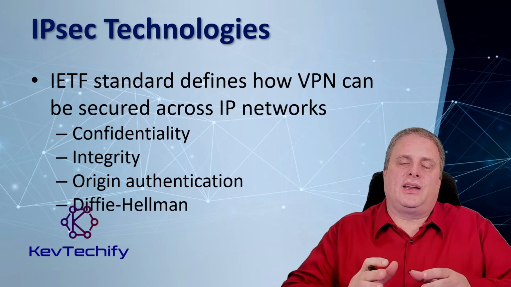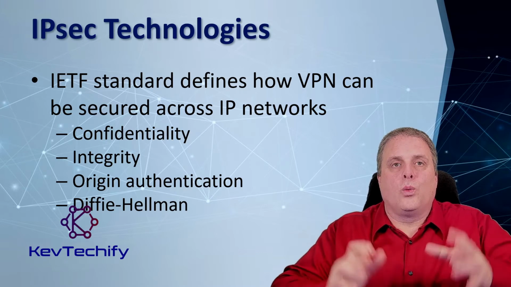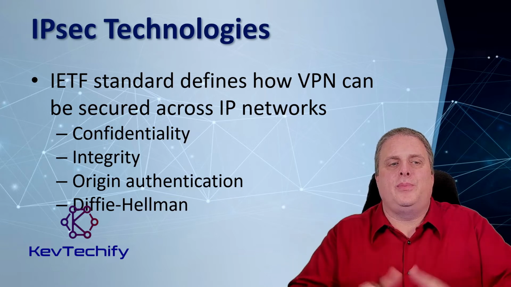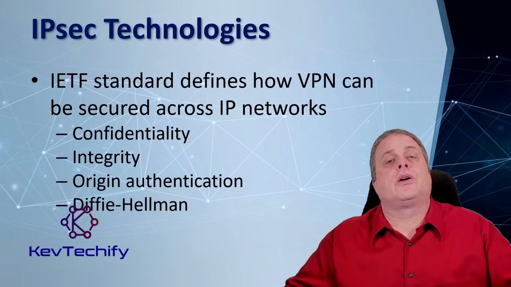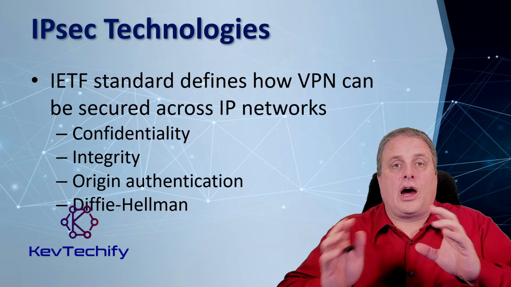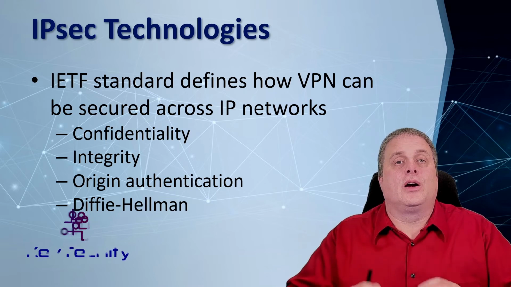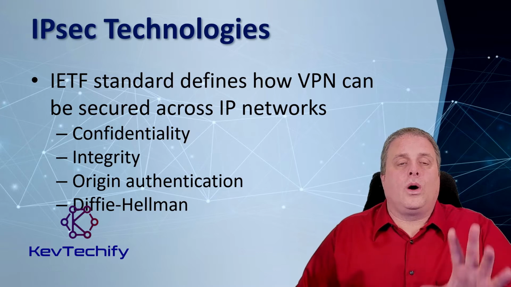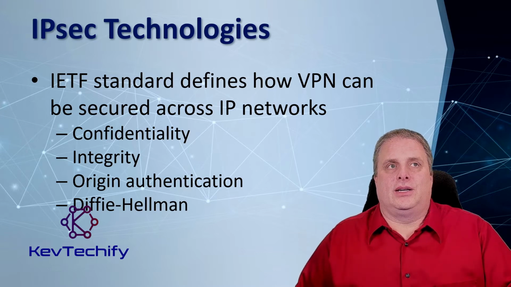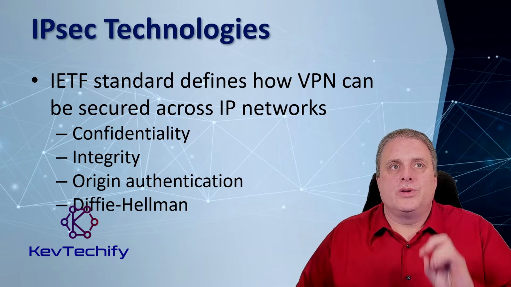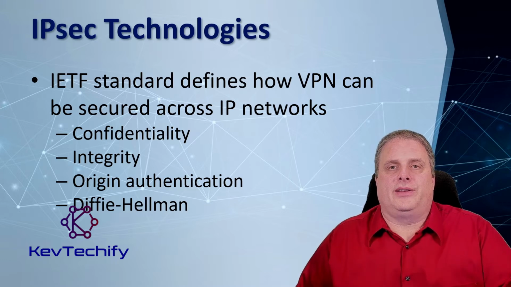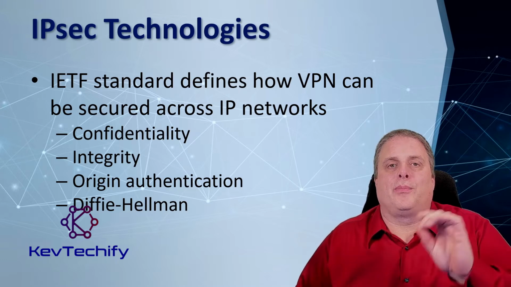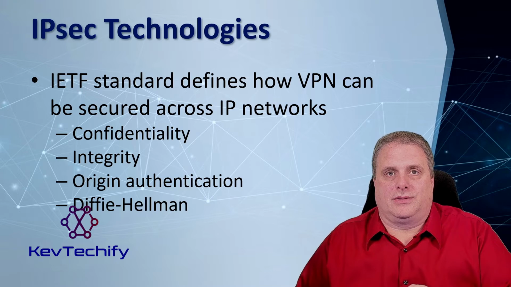IPsec is an IETF standard, and what that does is define how a VPN can be secured across our IP networks, how we can secure a VPN across public networks. What this provides us here is the confidentiality. We use encryption algorithms to prevent cyber criminals from reading the packet's contents.